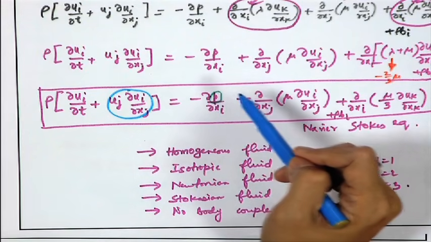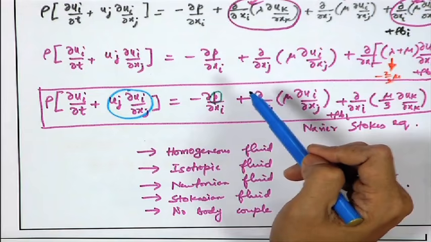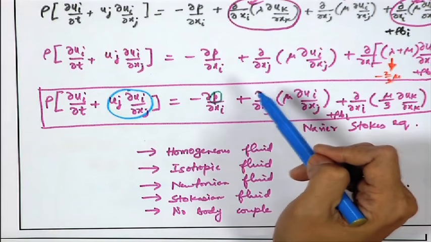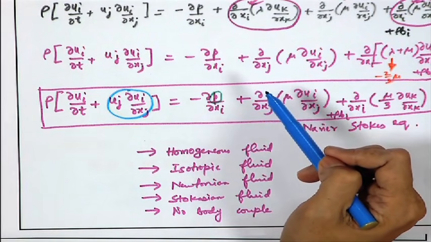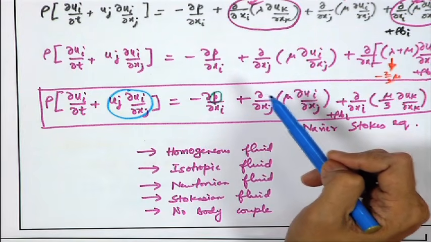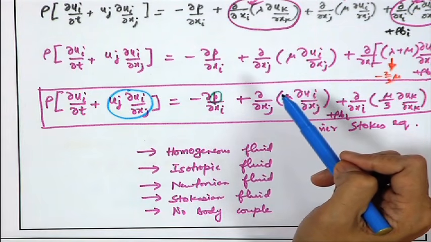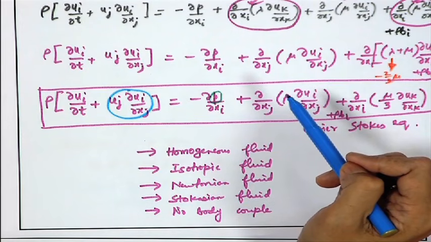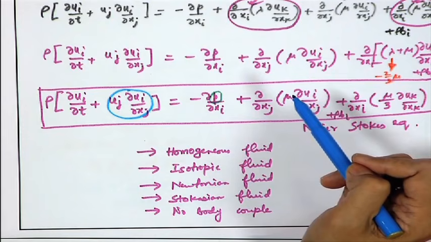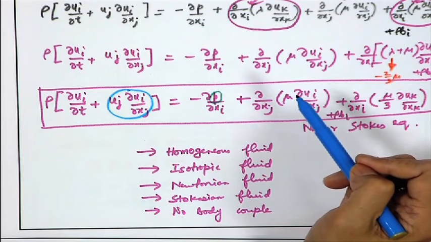So remember that Stokes was a brilliant mathematician, so he contributed several things in fluid mechanics. So there is something which is called Stokes law. Stokes law is the law that describes the drag force of a slowly moving sphere in a viscous liquid. So that is Stokes law.